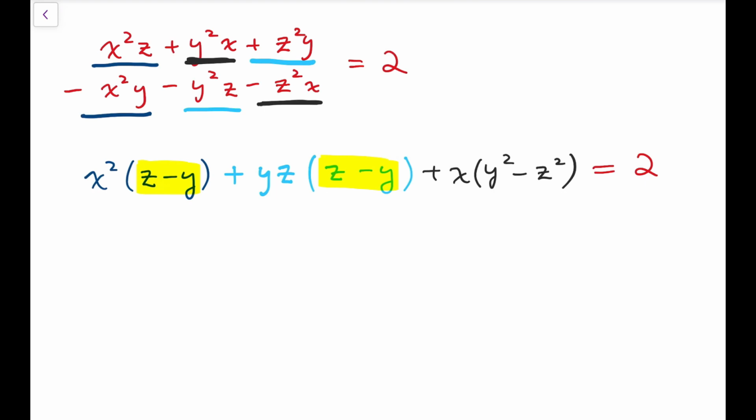And the sum of these three expressions is equal to 2. The reason that I'm going for factorization is that I was told that x, y, z are positive integers.